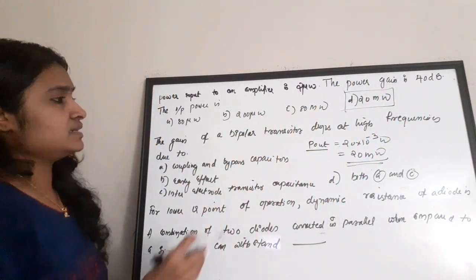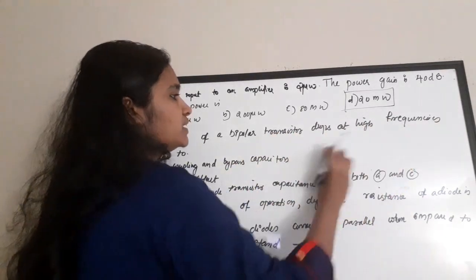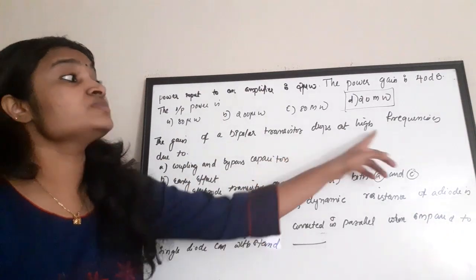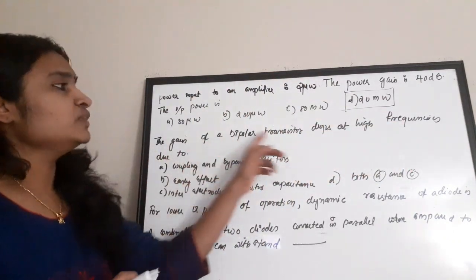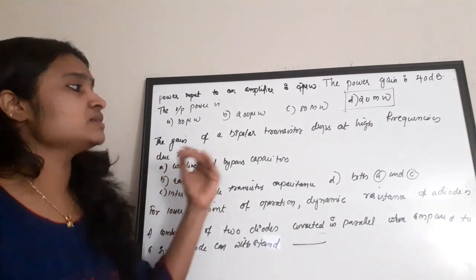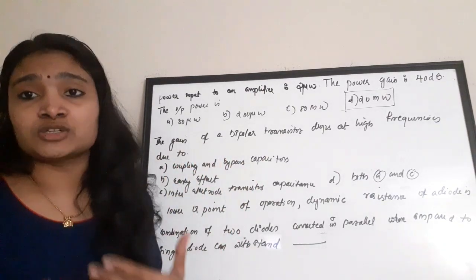Moving on to the next question. It is a theory question, a very commonly asked question. The gain of a bipolar transistor drops at higher frequency due to dash. We know that in a bipolar transistor there are a lot of capacitors: coupling capacitor, bypass capacitor, inter-electrode capacitors.